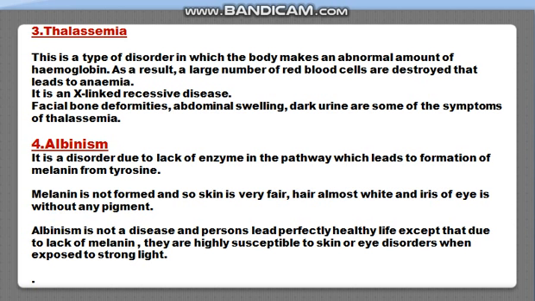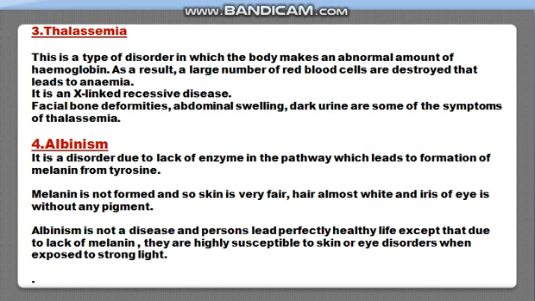And albinism is not a disease, and persons affected with albinism lead a perfectly healthy life, but they are highly susceptible to skin or eye disorders when exposed to strong light. So this is the disorder, that is albinism.